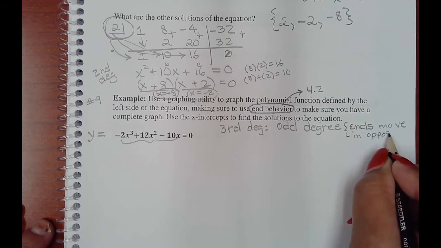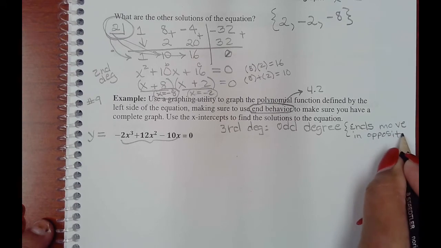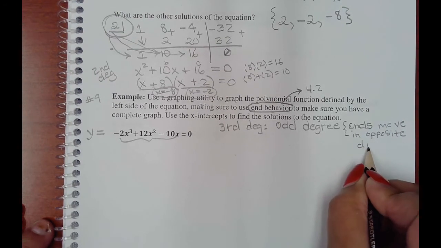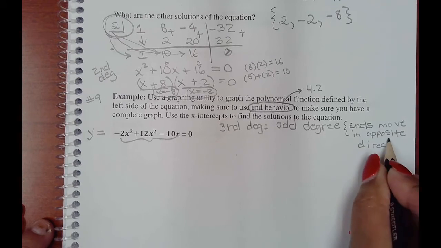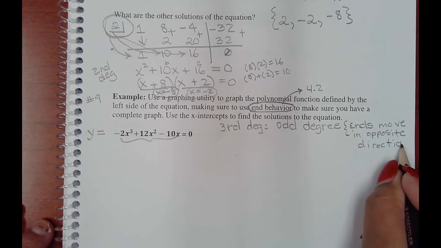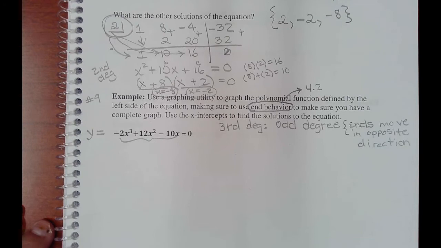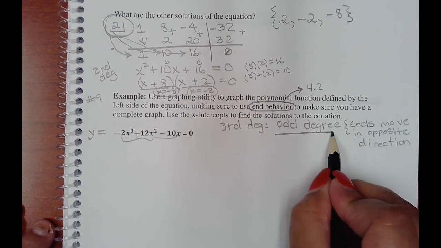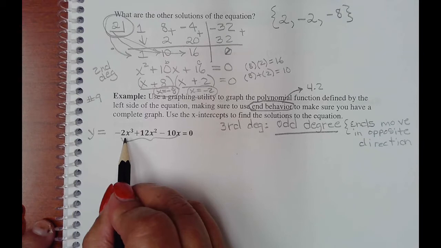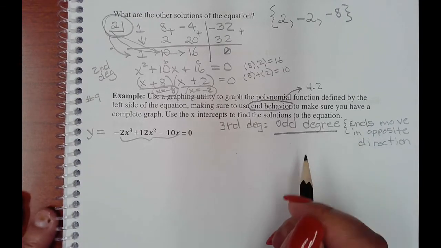So one end goes up while the other one goes down. That can mean two different things. It can go up on the right and down on the left, or vice versa, up on the left and down on the right. And that's why the degree, whether it is an odd degree or an even degree, the highest degree in the polynomial, matters. This one happens to be odd degree.